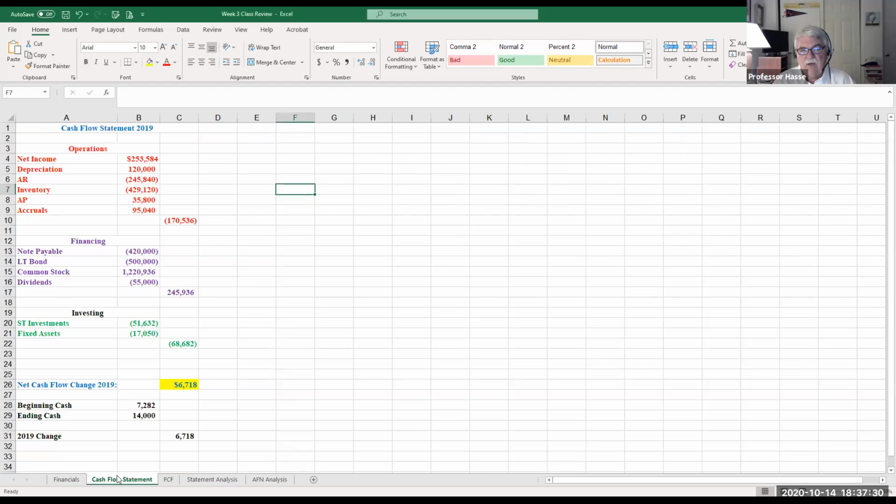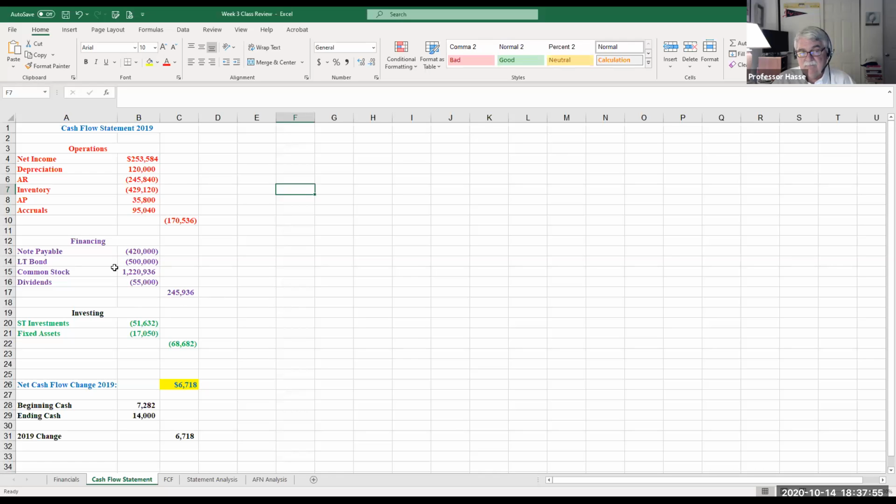Financial statements are interpretations of the cash flow of the company. Cash flow from operations, cash flow from financing, cash flow from investing. The cash flow statement tells us about where is the money, the capital, the cash coming in, and where is it going out for this business.